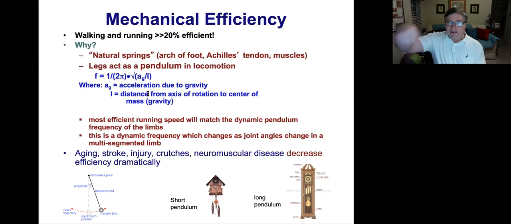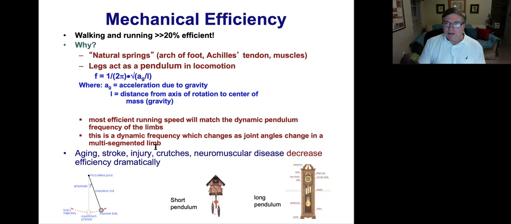So the length is something we can alter for our legs. We can flex our hips and knees and actually shorten the pendulum and turn it from a grandfather clock to a cuckoo clock. So in terms of the pendulum motion, that's probably a little bit more important in walking, and spring actions a little bit more important with running.